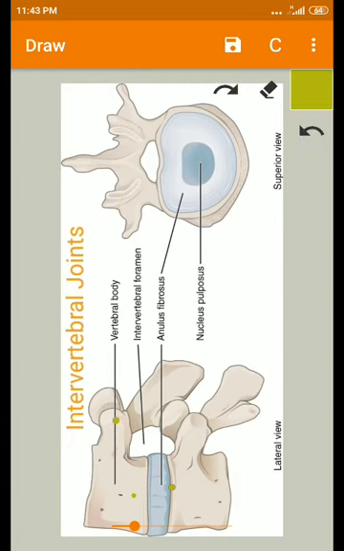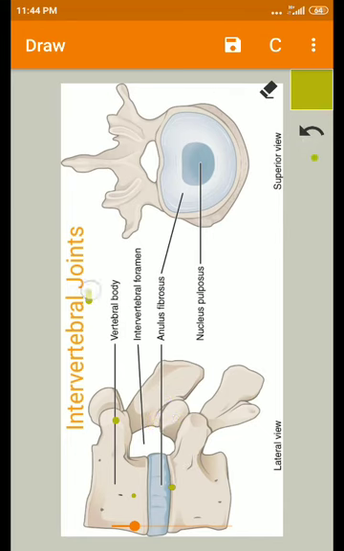For example, this lower vertebra has superior articulating facets, articulating with the inferior articulating facets, forming a facet joint. The same thing also happens with the vertebra above. These are called facet joints, and they are present on both sides, right and left.